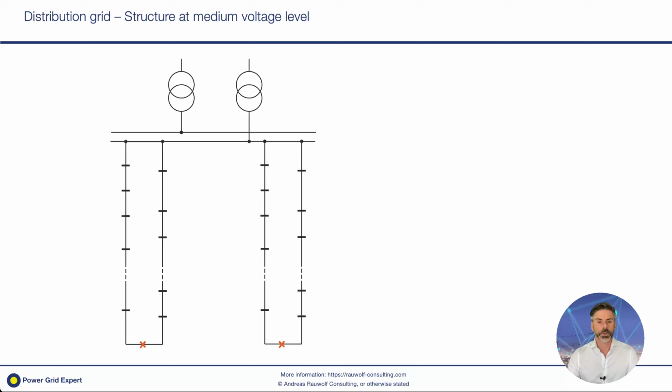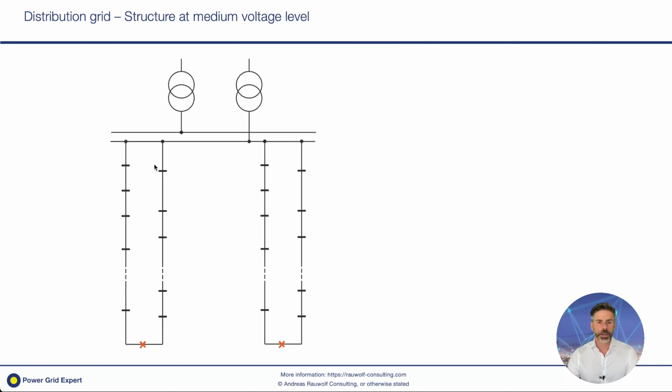In some countries, 110 volts. So these substations are symbolized by these small black stripes here. They're like on a daisy chain, like on a pearl necklace, with one difference, that at some point this line is open. This is symbolized here with the red cross, the red mark.